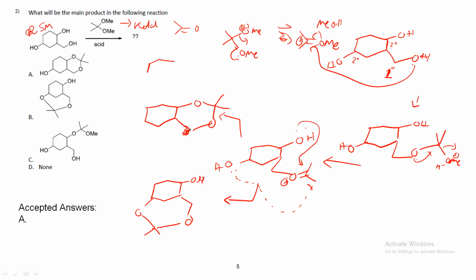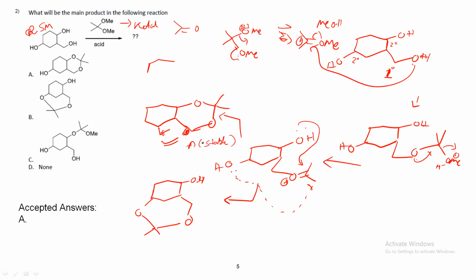Now look at the options, right? Between this and this, we can easily say this would be very much favorable over this because of the strain in the system, and also this is a fused, rigid system, so definitely this would be more stable than this.